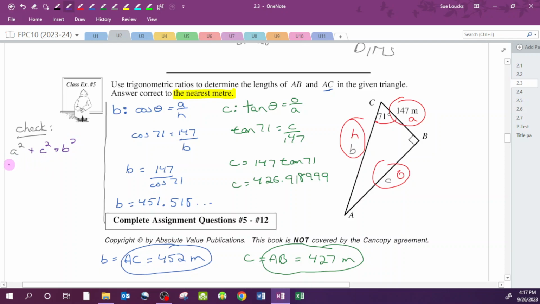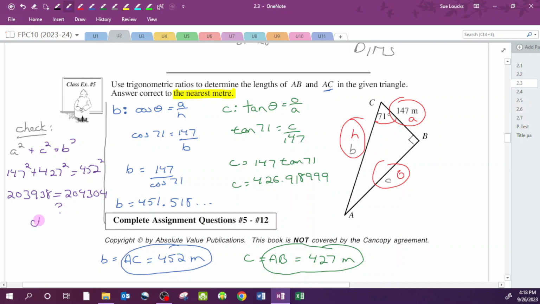And A is 147, and C is 427, and square those. If I add those together, it should be 452 squared. So I just put this whole thing in my calculator, and this is 203,938. Does that equal 204,304?